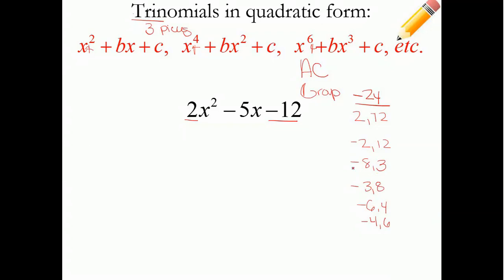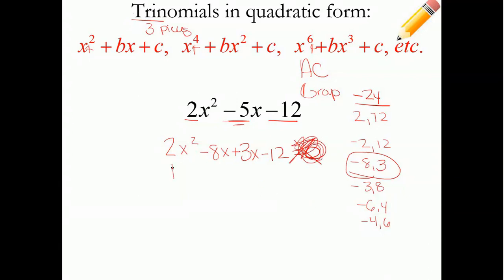And then 1 and 24 as well. Well, I need these numbers to make me this negative 5 in the middle, which looks like my negative 8 plus 3 will give me that negative 5, right? So let's rewrite this problem. 2x squared minus 8x plus 3x minus 12. Oh, not equals 0. I don't know where that came from.